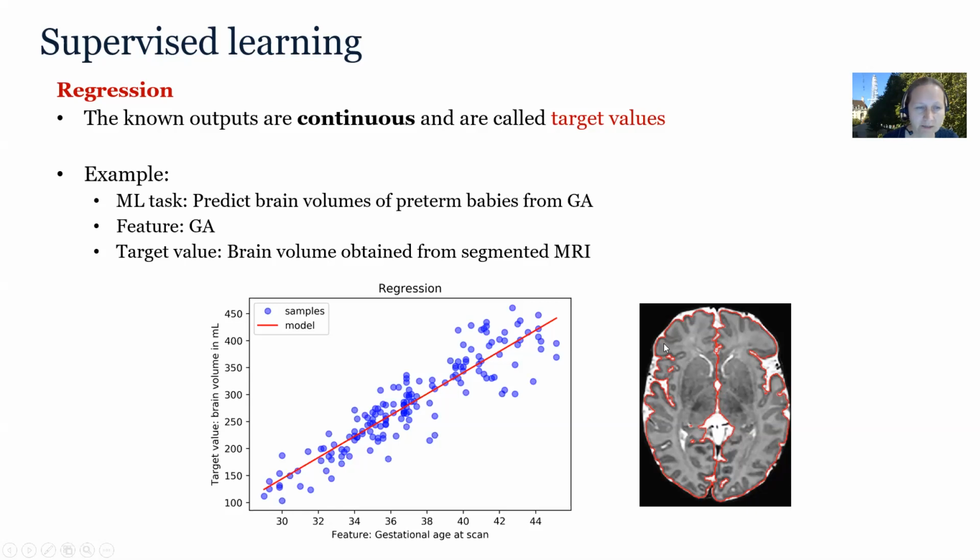And in this example, the feature is a gestational age or age of the baby that we plot on the x-axis. And the target value is the brain volume calculated from the segmented MRI that we have here on the y-axis. And you can see that we have fitted a linear regression model to this data.